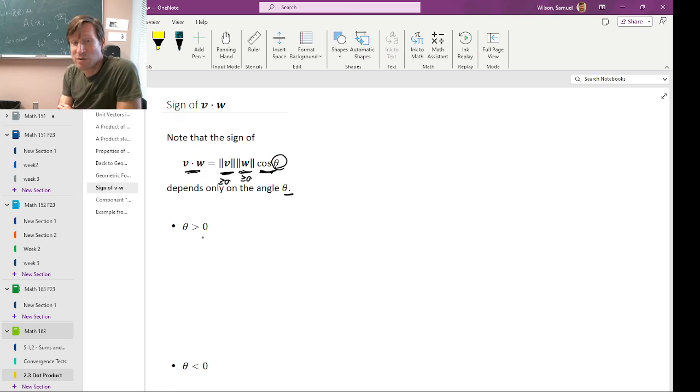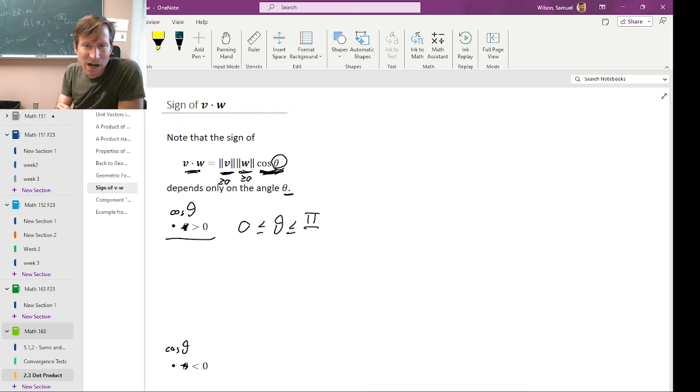There are kind of three situations. The first situation: I want this to say cosine theta. This should say cosine theta as well. So what happens if cosine theta is greater than 0? What angles theta would make cosine theta greater than or equal to 0, right? That's angles between 0 and pi over 2, not including pi over 2. So this cosine is positive when the angle between the two vectors v and w is acute, right?